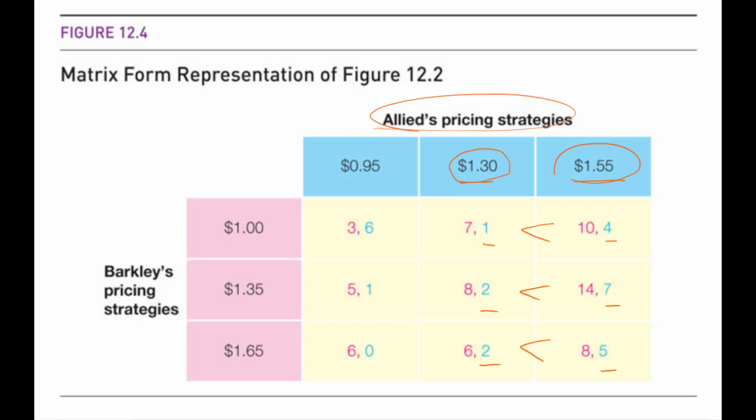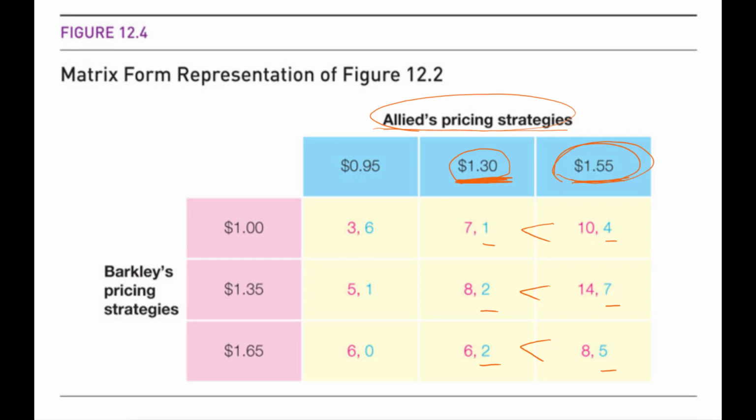So as you see here, the strategy $1.30 is dominated by strategy $1.55 as it generates always strictly less payoff. So you can predict that player Allied will never play this dominated strategy.